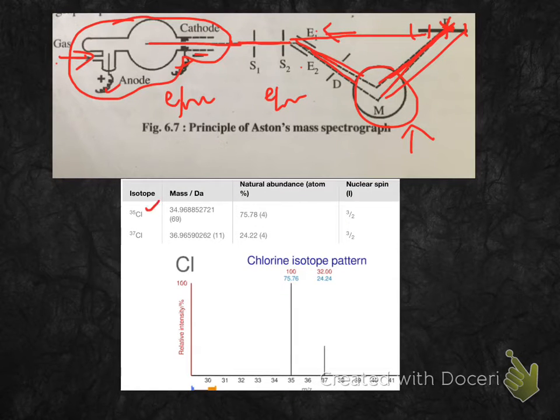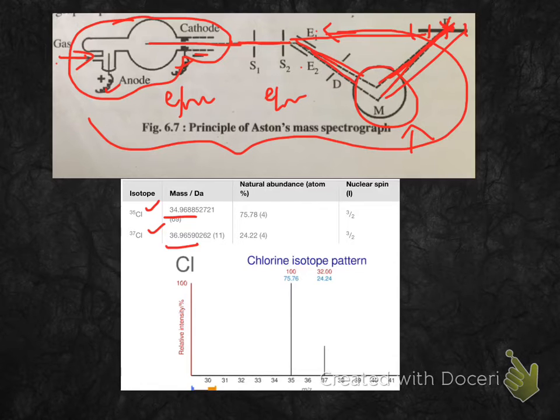Chlorine isotopes are 35 and 37. They have the mass 35 and 37, accurately 34.96 and 36.96. When we subject this gaseous sample to ionization and other processes in Aston's mass spectrometer, we will get a spectrum like this.